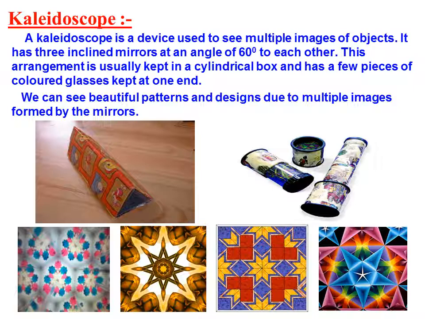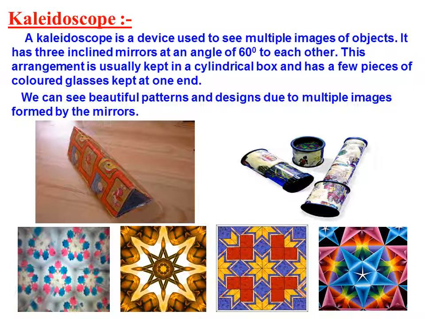Same case in this also, not only multiple images, a simple image can also be formed by using a periscope. A periscope is a device which is used to see the image or the object which is on the surface, and that is mostly used by submarines.